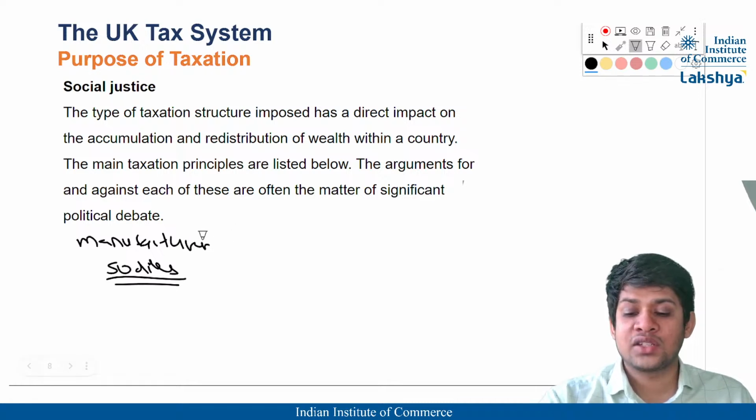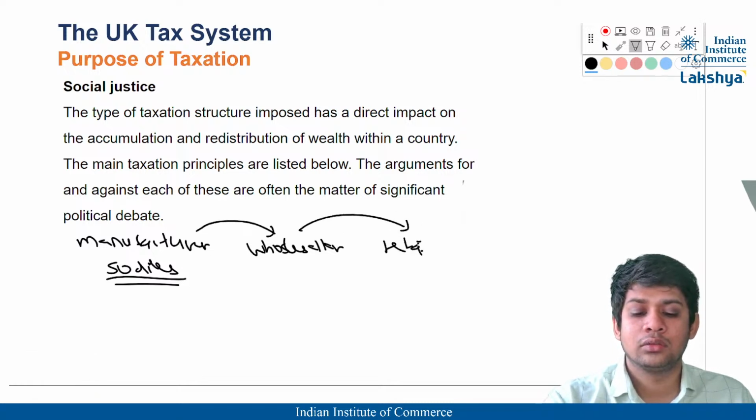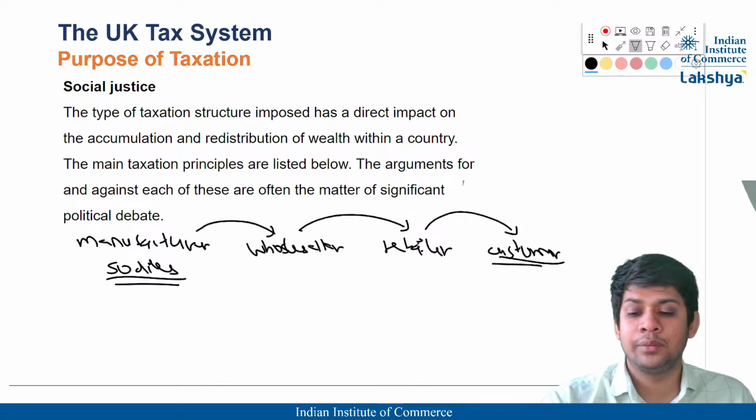Now, the manufacturer produces them, but the manufacturer will sell it to the wholesaler, and then the wholesaler will sell it to the retailer, and lastly, the retailer will sell it to the customer, correct? This is how the hierarchy goes, right?